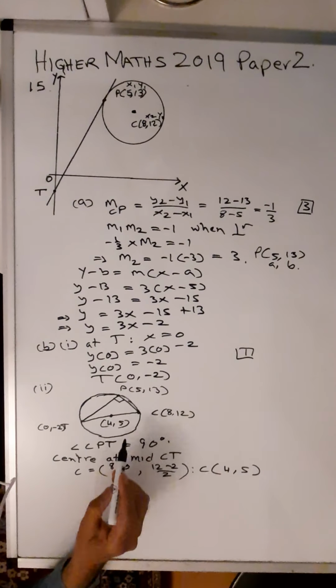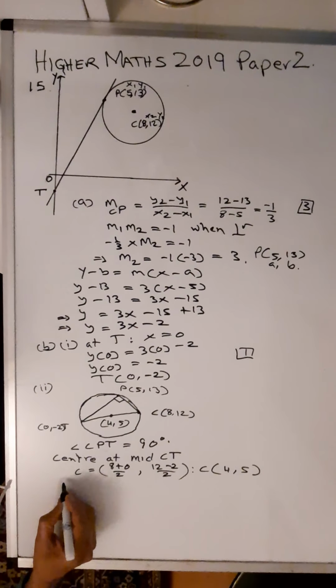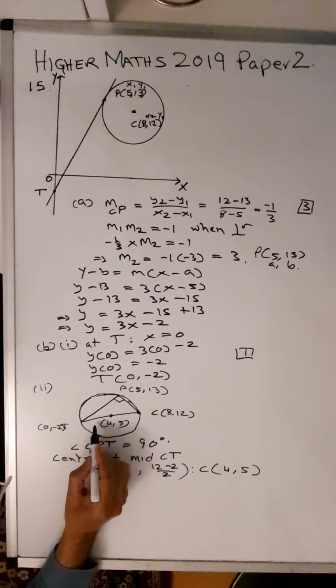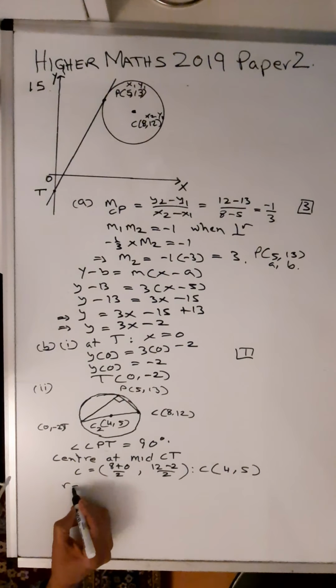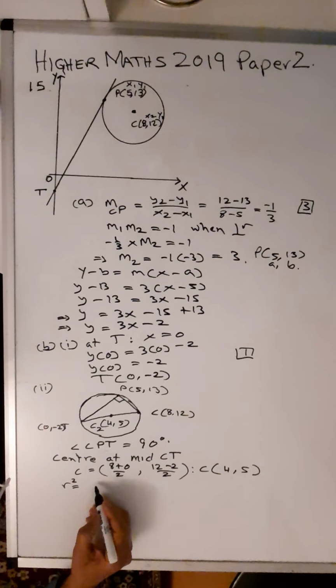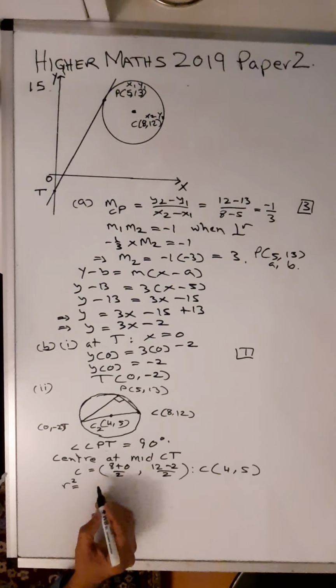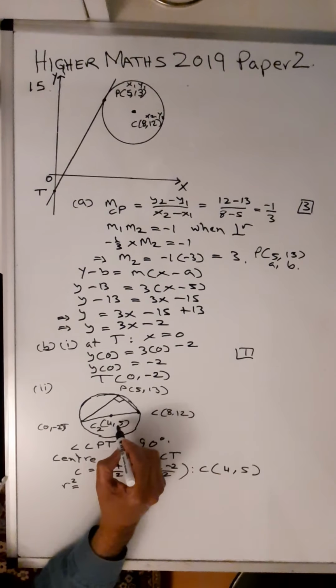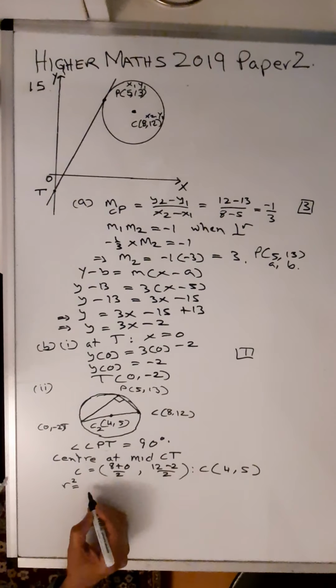And the radius would be half of that diameter, or you can find the radius from this center to (8, 12). So the radius squared would be, using Pythagoras, y2 minus y1 all squared plus x2 minus x1 all squared.